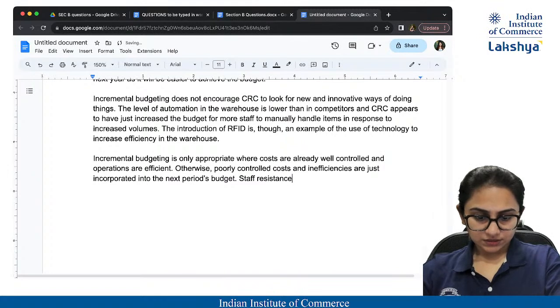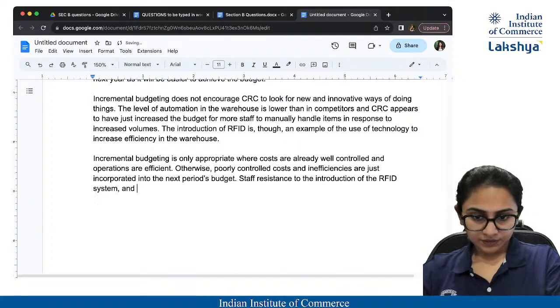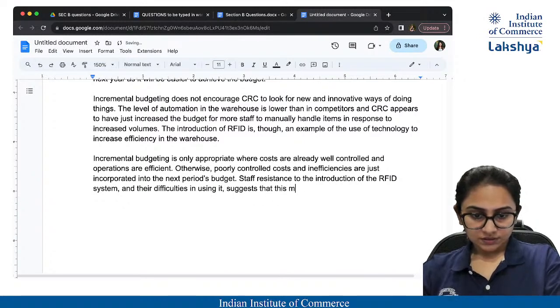Staff resistance to the introduction of the RFID system and difficulties in using it suggest that this might not be the case.